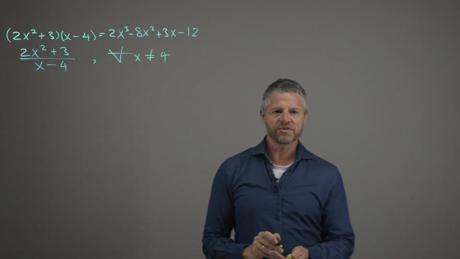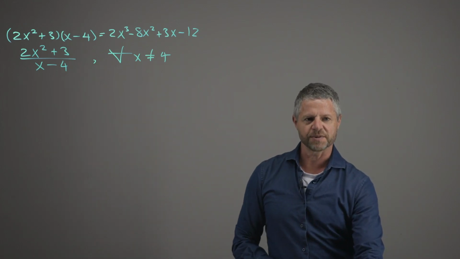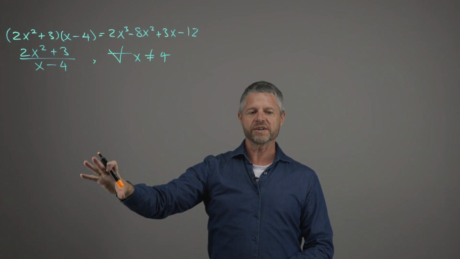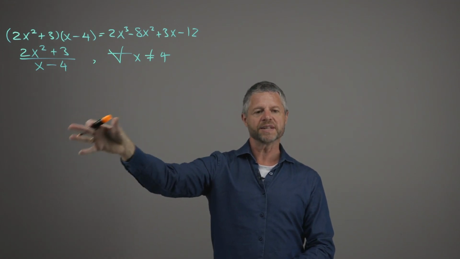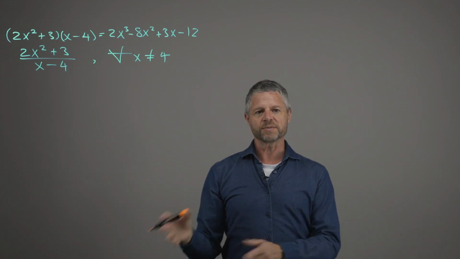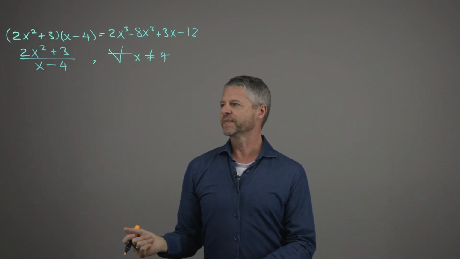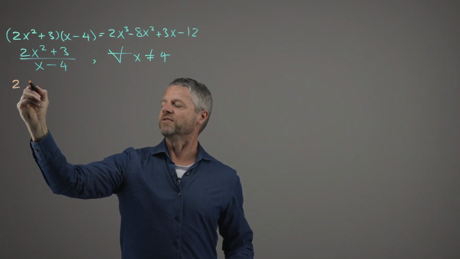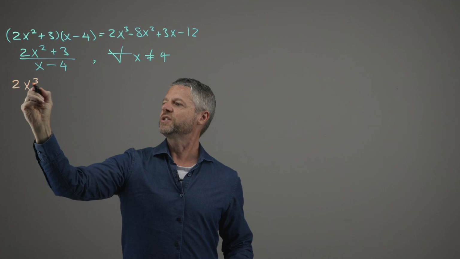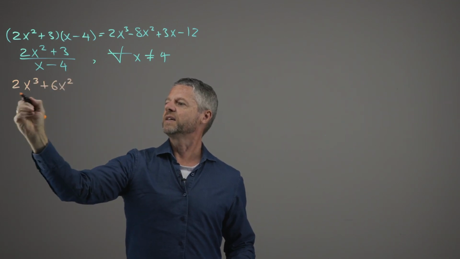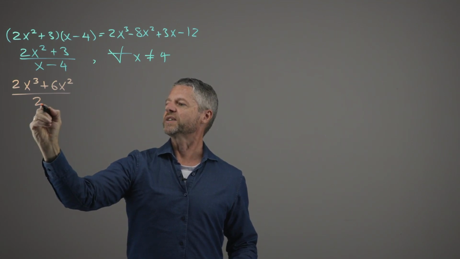So let's go through a few more examples of rational expressions, but we'll work with rational expressions where we can actually do a little bit of simplification using ideas about factoring that we explored in the last video. So here's another example of a rational expression, 2x cubed plus 6x squared over 2x squared.